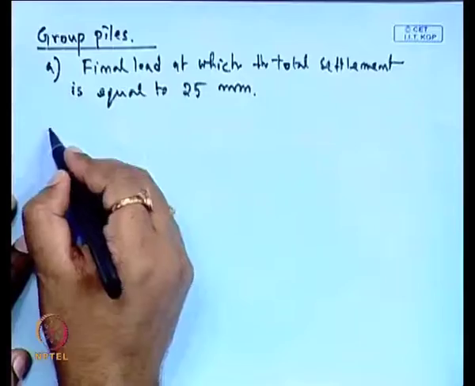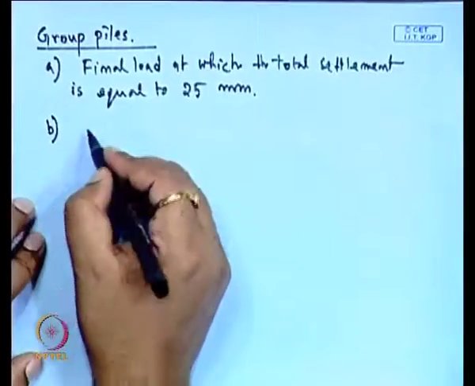If any other permissible settlement is mentioned, then you have to calculate the final load corresponding to that specified permissible settlement. If nothing is specified, then we will consider the permissible settlement of the group as 25 millimeter.